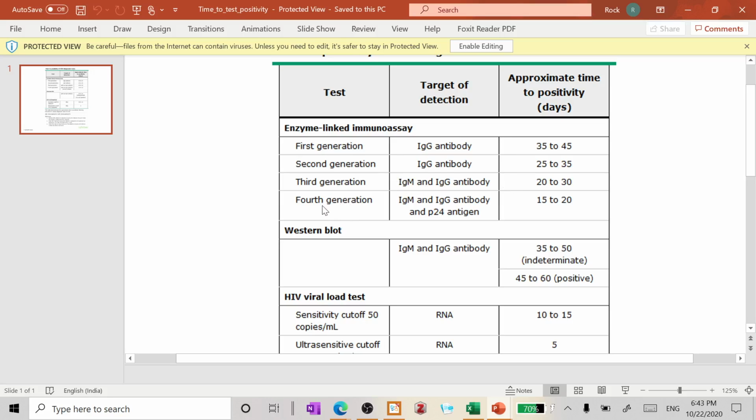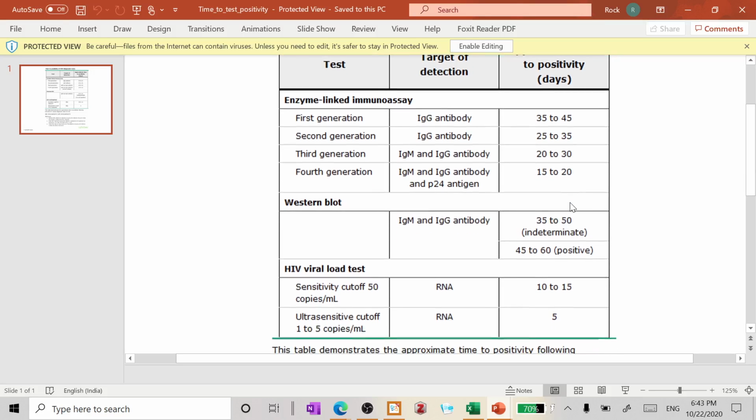And the latest one is the fourth generation, which we are currently using. The fourth generation test includes IgM, IgG, and P24 antigen, and takes around 15 to 20 days to get detection.